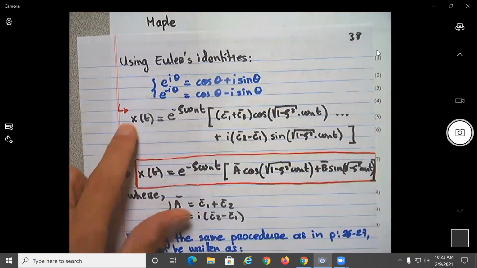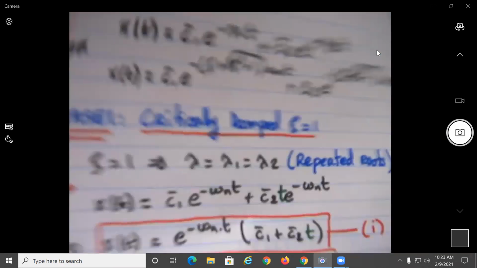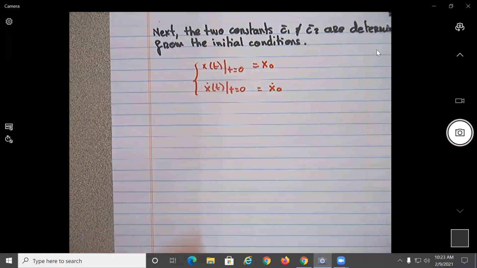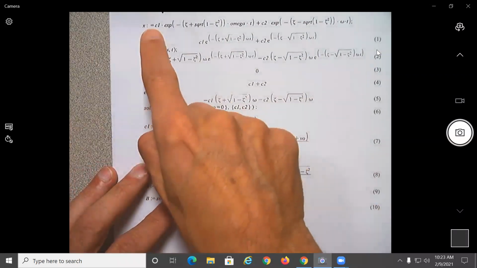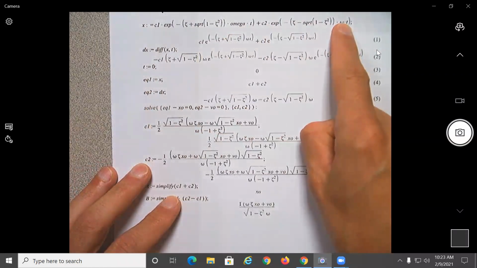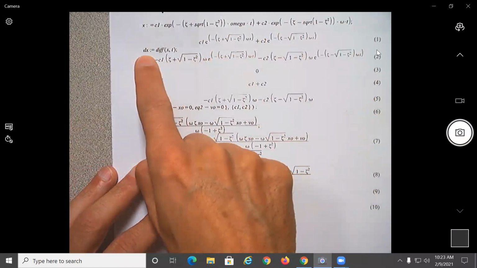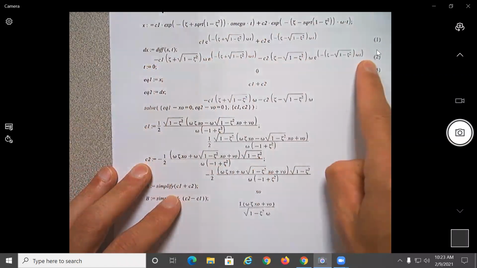Now I can apply the first boundary condition and the second boundary condition. This is x of t, which gives this expression, and now I find the velocity, x dot, which gives all this expression over here.